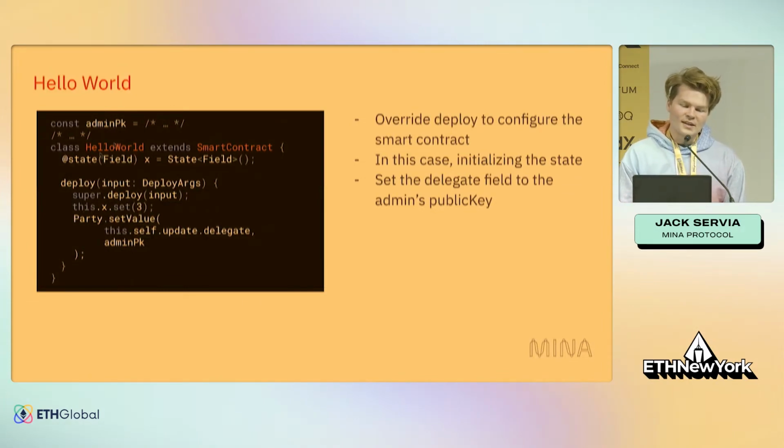So we're going to take this state here, x, and set it to 3 as the contract is deployed, and then we also have this party set value this self update delegate admin private key. So this is a method. Basically, we're ensuring that the person who calls this contract will have the private key.